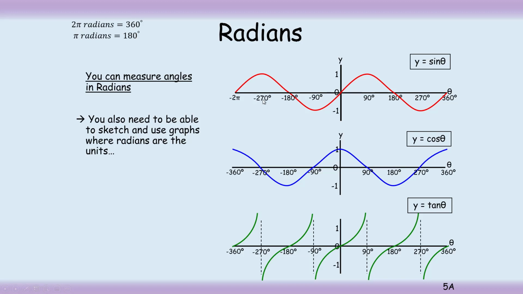It's going to be minus 270, minus 3 over 2 pi. That's minus pi by 2. 0 stays the same. And then you just fill those in. So that's pi by 2, pi, 3 over 2 pi, and then 2 pi. And it's the same then for cos and tan.